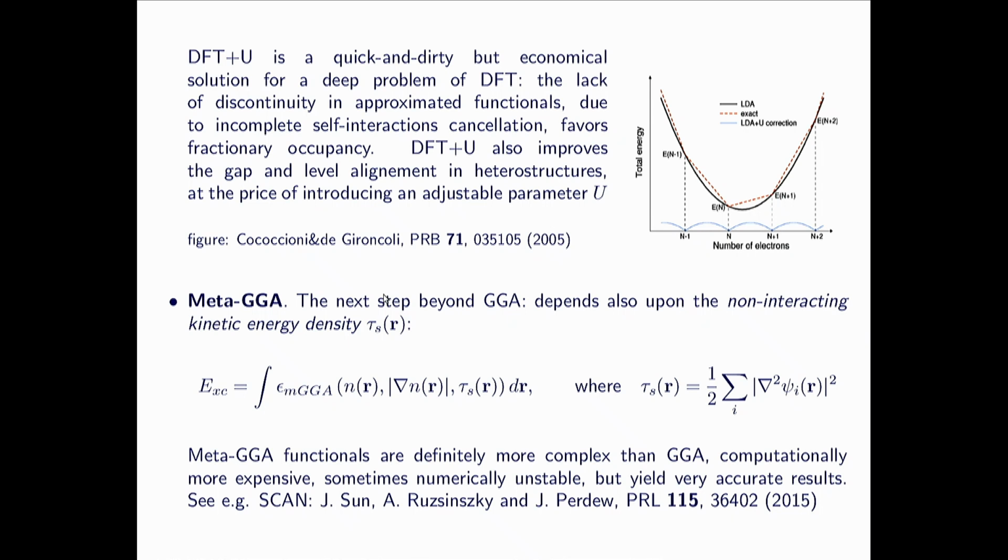What you get from plain LDA or GGA is this continuous curve as a function of the occupancy of this state, while the corrected functional has this piecewise linear behavior, which is the correct behavior. As a consequence, you tend to get integer occupancies, which is what you actually observe, while with LDA you tend to get mixed occupancies that are unphysical.